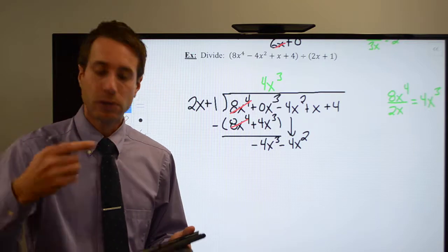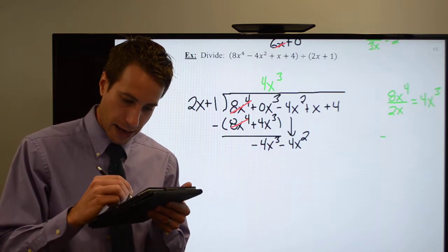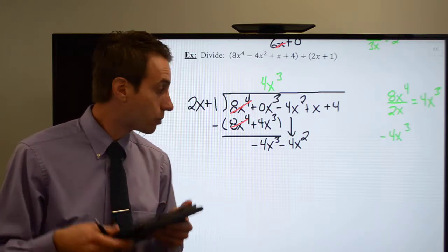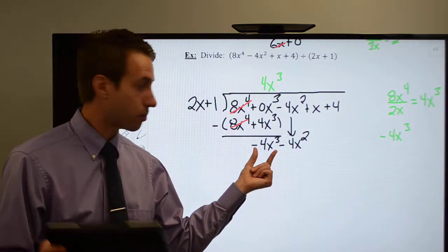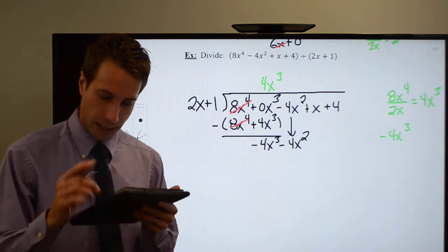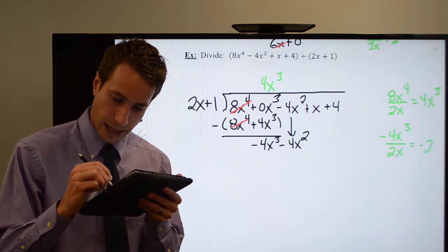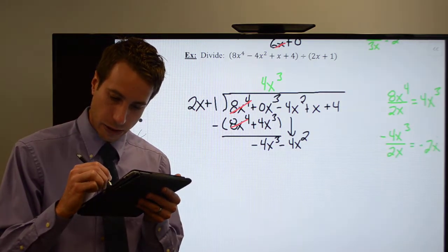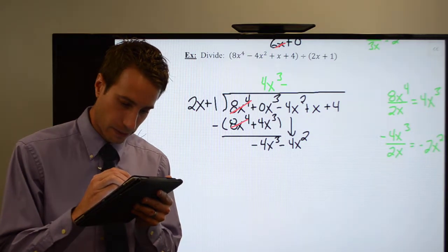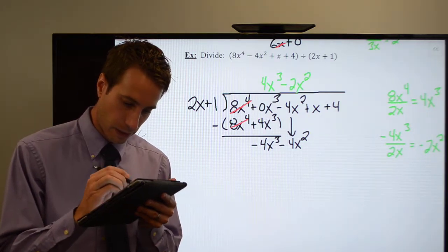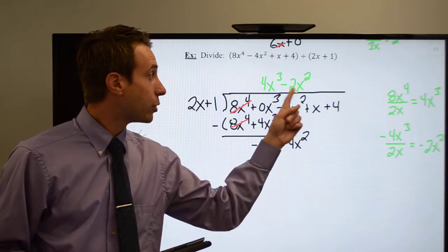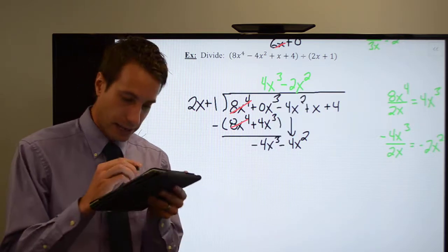Now that I brought down, start the process over again. Negative 4x cubed, which is the leading term in my reduced polynomial, divided by 2x. Going to leave you with a negative 2x squared. Okay, got my negative 2x squared. We multiply this guy out.